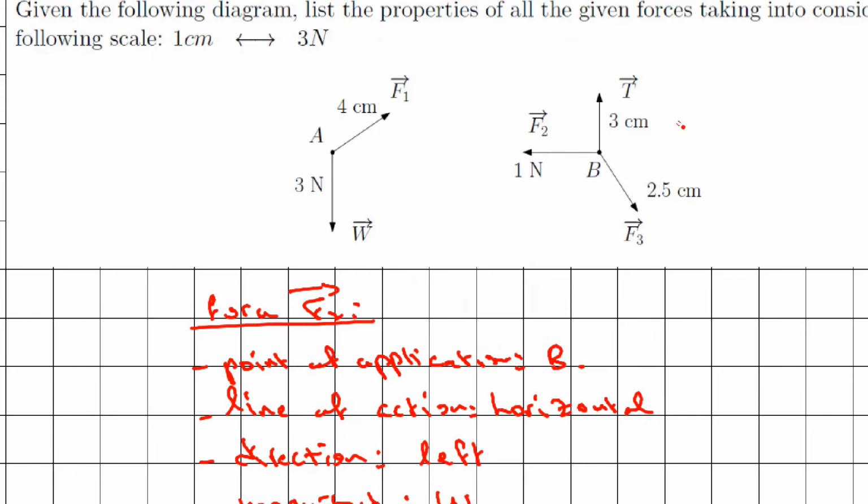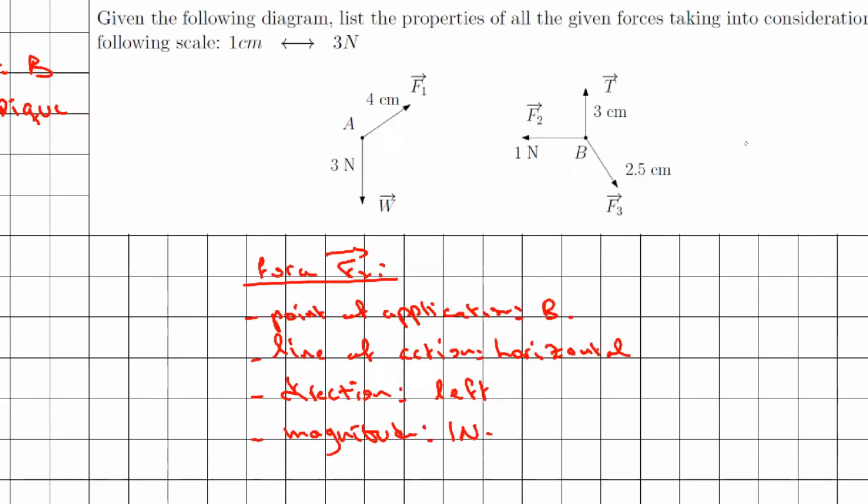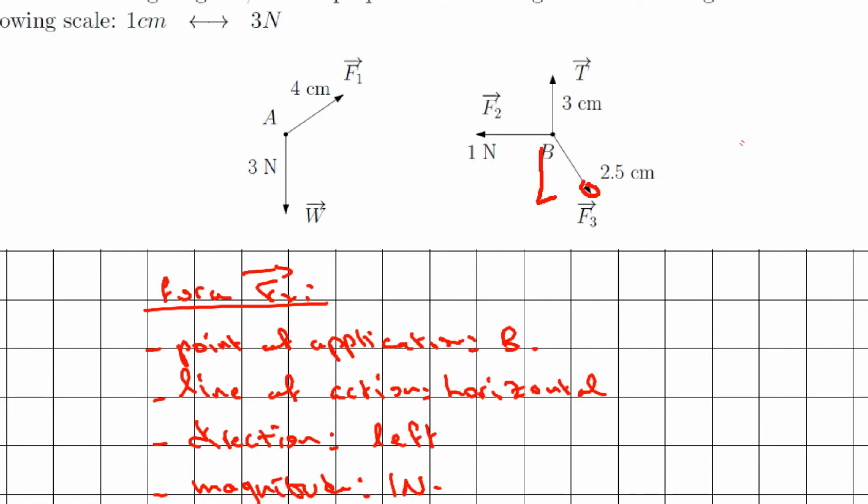The point of application is also given by B. The line of action, in this case it's not vertical nor horizontal, is given by oblique. We can say oblique along a straight line. Now the direction, the arrow is pointing downward to the right.